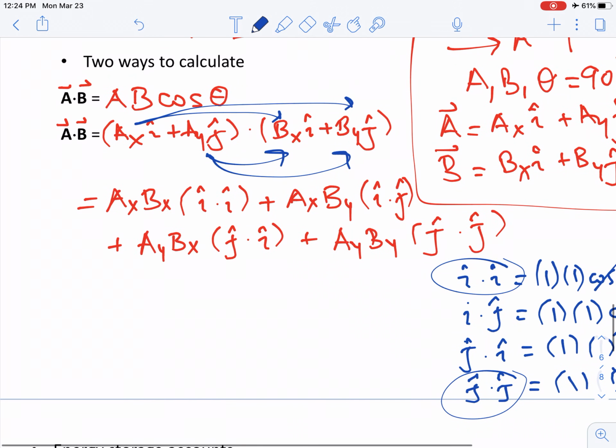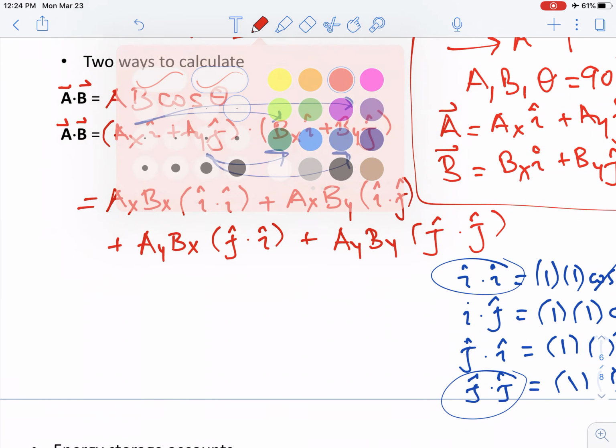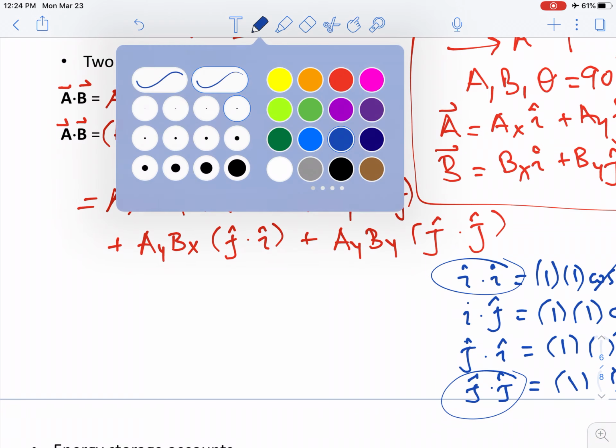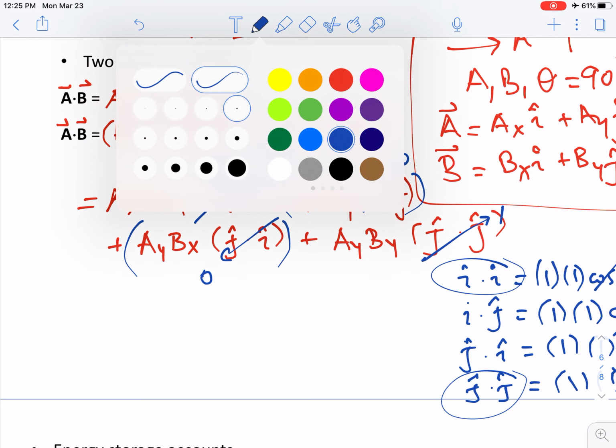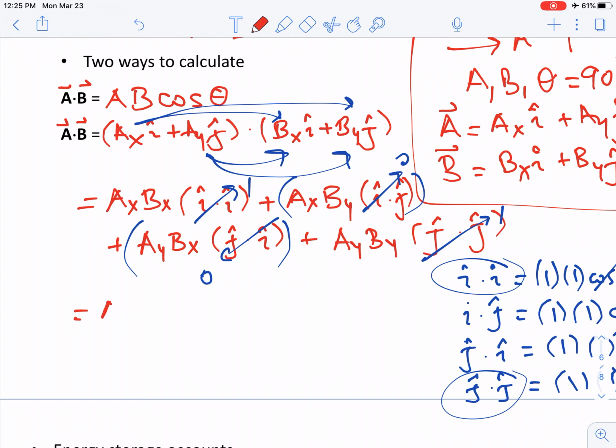Okay, so this turns into, actually let's just get rid of the ones that are 0. So this term goes to 0, this term goes to 0. So the whole thing is going to go away. This goes away, this goes away. And i dot i becomes 1, j dot j becomes 1, right? So if you rewrite this, then we get ax bx multiplied by 1.